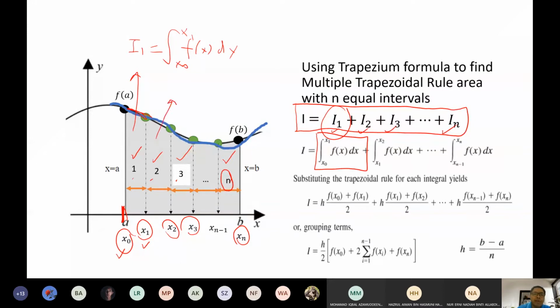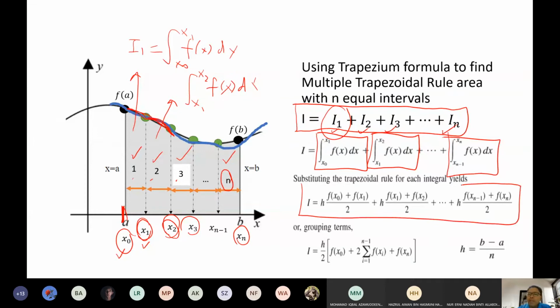Similarly, if we repeat the same approach for the second trapezium, the lower limit is x1 and the upper limit is x2, and the function to be integrated over this region is also f(x). This is given by this expression, and you can repeat until n.